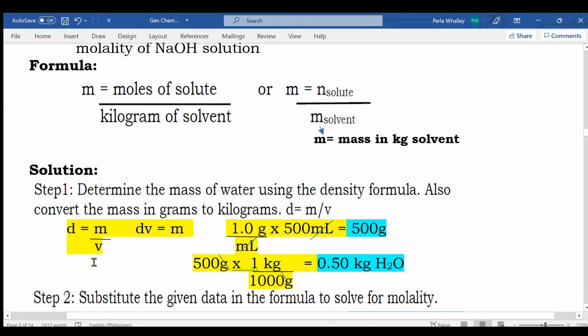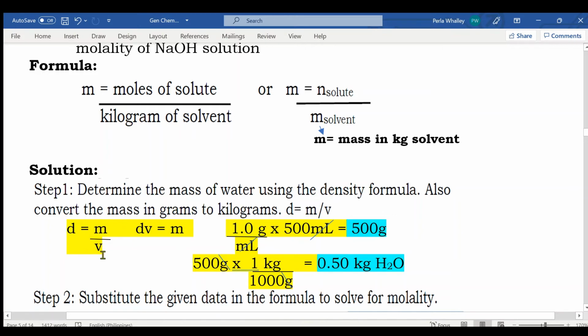Okay, the formula is D is equal to M over V. So what we need is the M, the mass. So what we do now is derive the M, or the mass. So we cross multiply.